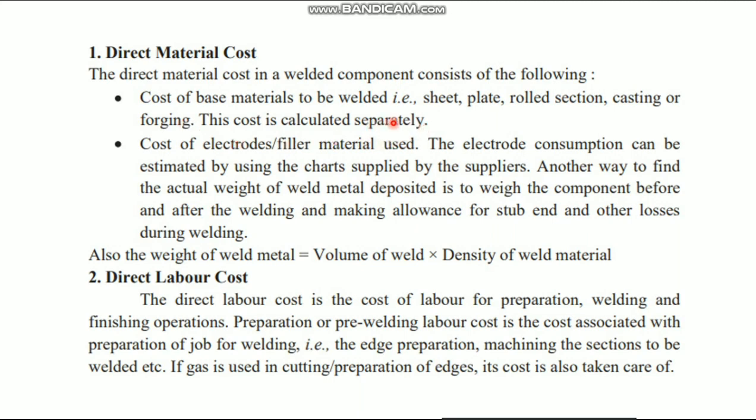The cost required for these items is the direct material cost, and also the cost of electrodes and filler metals used. So these are the costs considered as direct material.